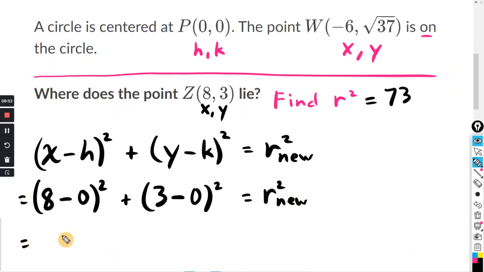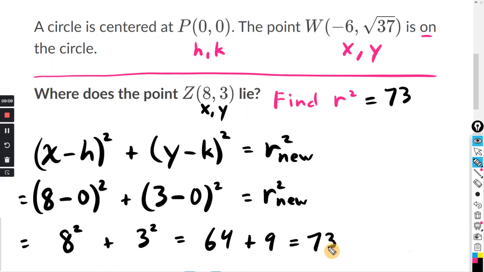8 minus 0 is 8, and it's squared. 3 minus 0 is 3, and that's squared. 8 times 8 is 64. 3 times 3 is 9, and 64 plus 9 is 73. And that equals the new r squared.